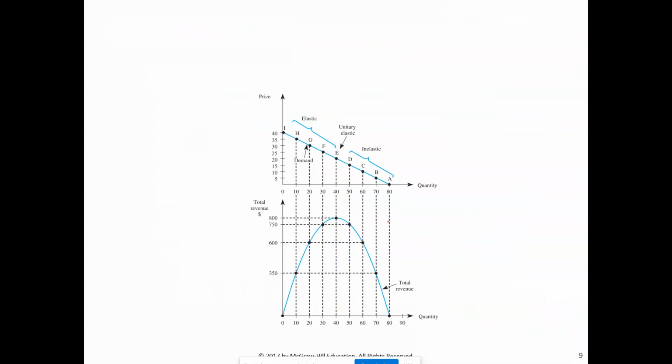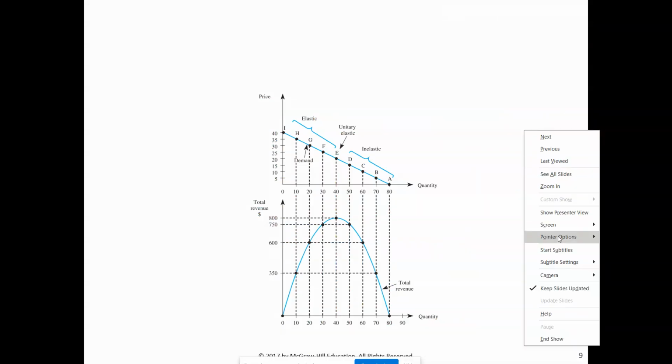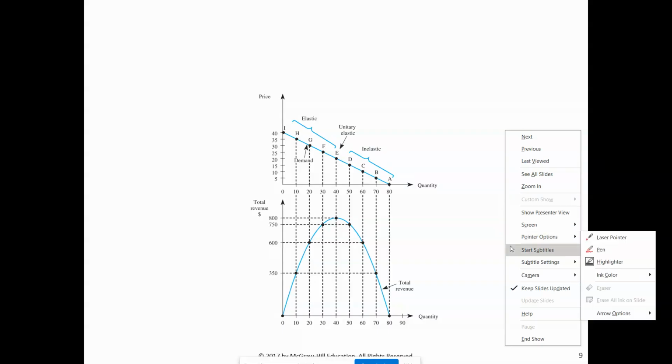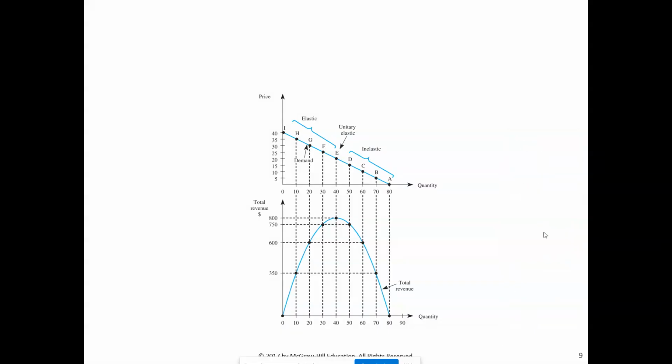Now here is a conclusion for the relationship between demand function, price, quantity, and the total revenue.